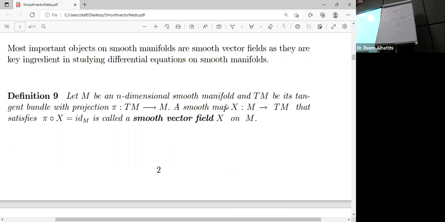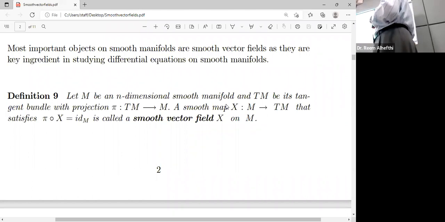Now, the beauty of a vector field is the following. Suppose you have a smooth manifold and X is a smooth vector field.